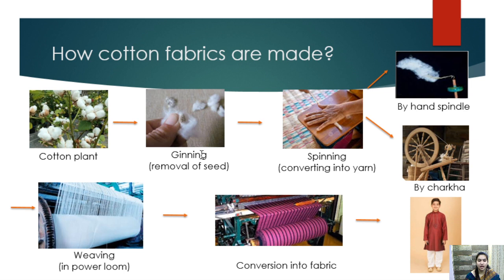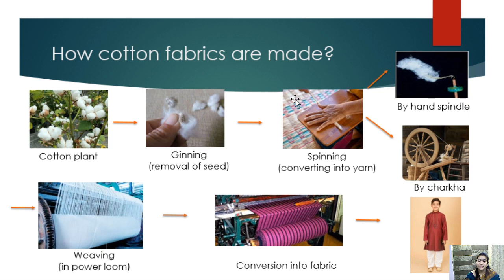What is it called? Ginning. हम seed को गिन गिन के अलग कर रहे हैं. So the process is called ginning. This is a process to learn. Okay. So first we take the cotton bolls from the cotton plant. Then we remove the seed from the cotton bolls, and the process is known as ginning.